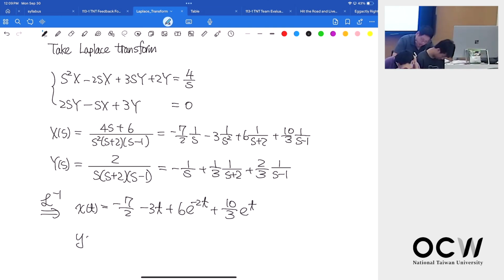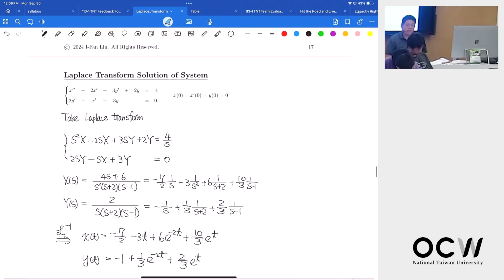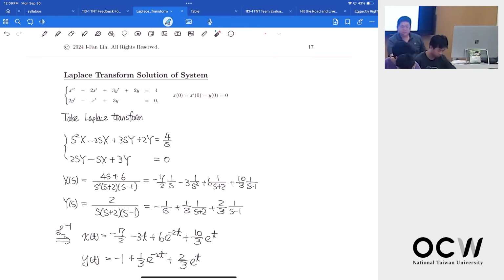And also your y. Okay, so you can see the power of using Laplace transform. Just several lines and you can find the answer.